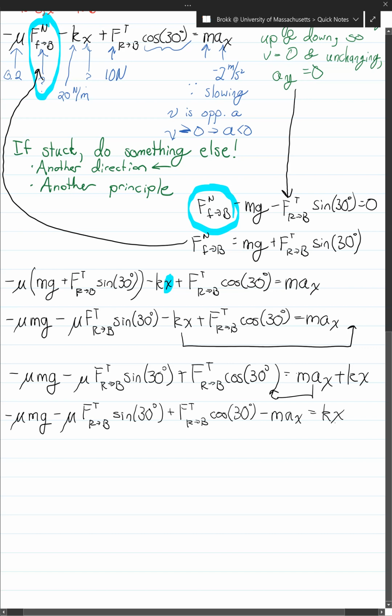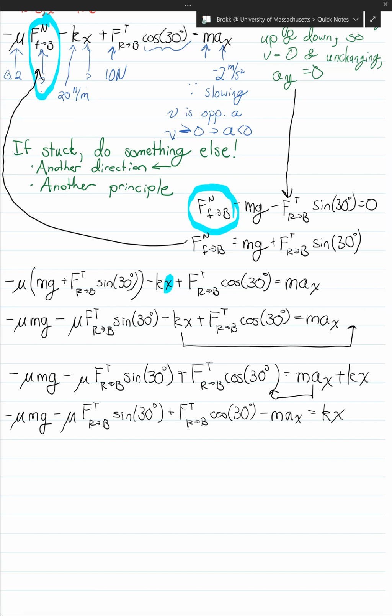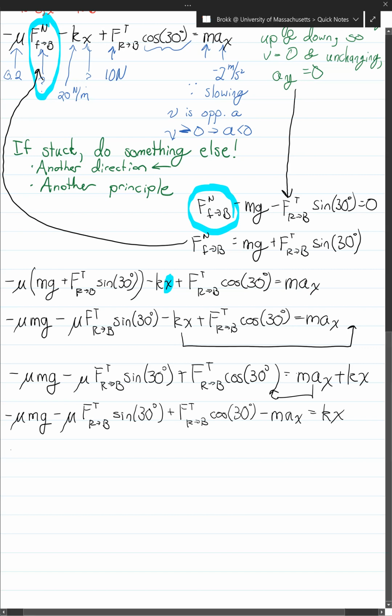Now we can go and put some numbers in for all this from our problem. We know mu, the roughness of the surfaces, is 0.2. m is 5 kilos. g, the gravitational field of the Earth, is 9.8 newtons per kilo. Mu, again, is 0.2.